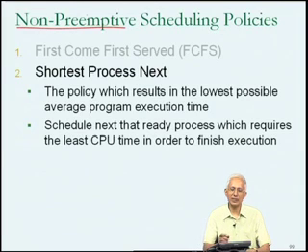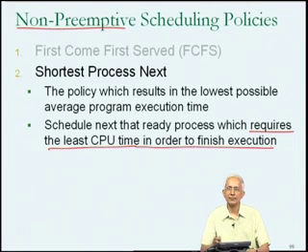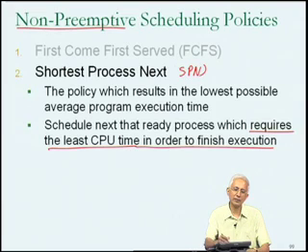In other words, it identifies among all the processes the one which requires the least CPU time in order to finish execution, and it schedules that process. And the net effect is that this particular policy, which is called shortest process next, abbreviated as SPN, provably has the lowest possible average program execution time.